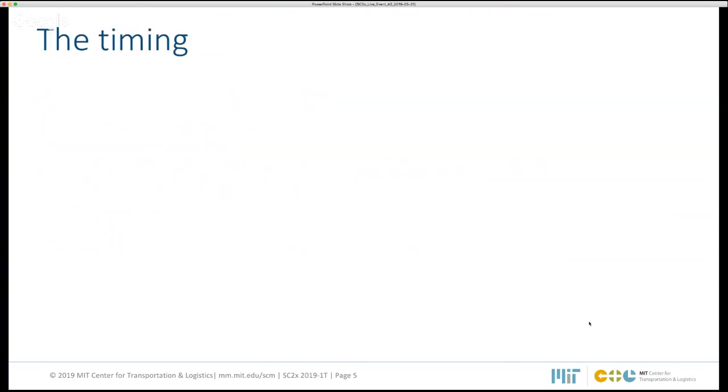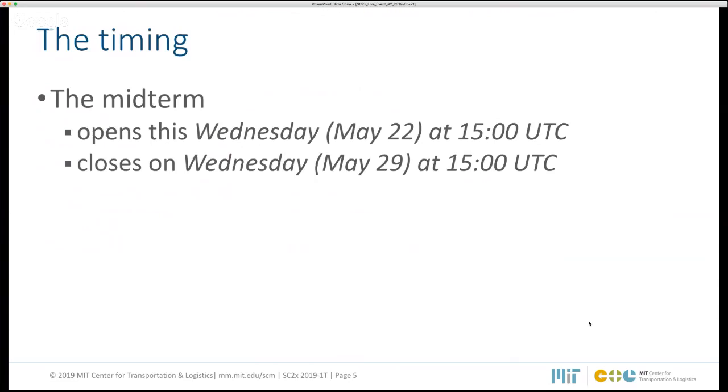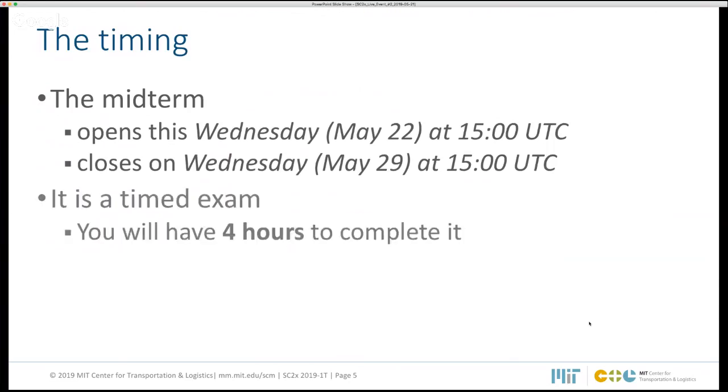So let's talk about the timing of this exam. The exam will open tomorrow, Wednesday, May 22nd at 1500 UTC. Then the exam will close on Wednesday, May 29th at 1500 UTC. That's the deadline of the exam. It's a timed exam. Even though the exam is available for one week, you will have only a limited time to complete the test.